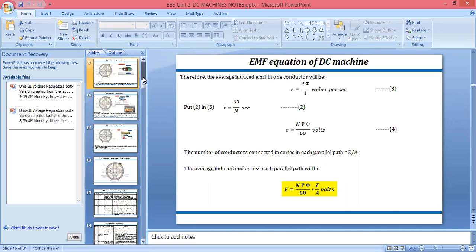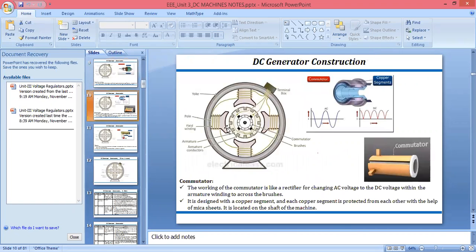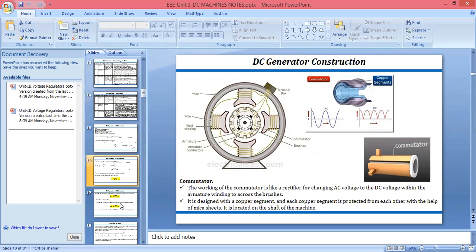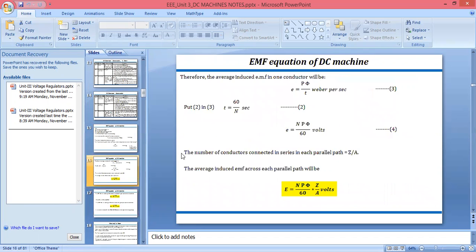if we calculate for a single conductor, single pole, you will get NPΦ upon 60. And if you are calculating for the whole DC motor, you will get NPΦ upon 60 into Z upon A. You can see here, the number of conductors connected in series in each parallel path will be Z by A. So you can take EMF equal to NP upon 60 into Z by A. If this EMF is in a DC generator, you can call it the generated EMF.